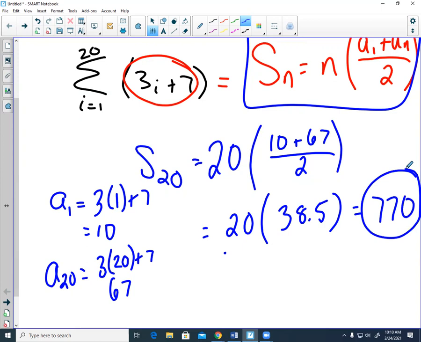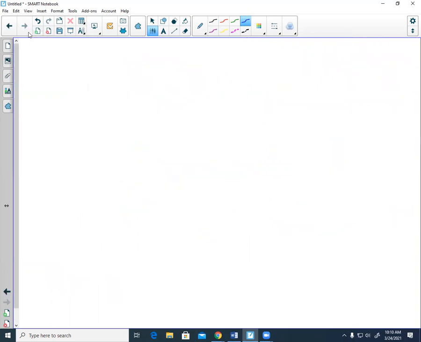Now, something you have to be smart about is if we're asked how many terms there are, you have to pay attention to what the starting term is and what the ending term is. If I started at 3 and ended at 7, the number of terms is not 7.